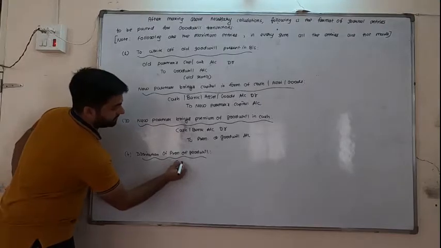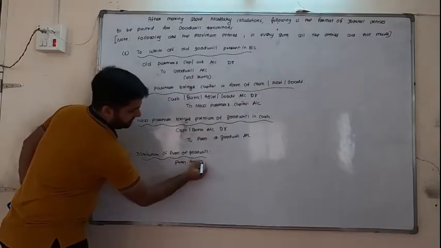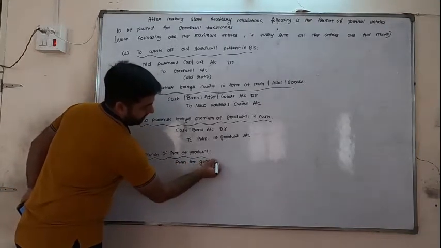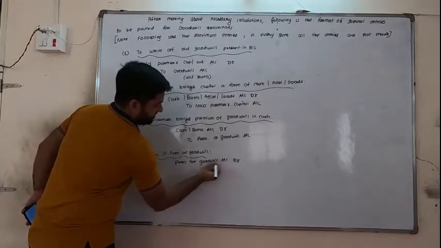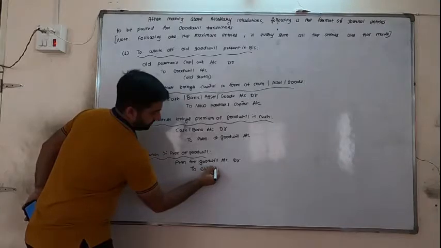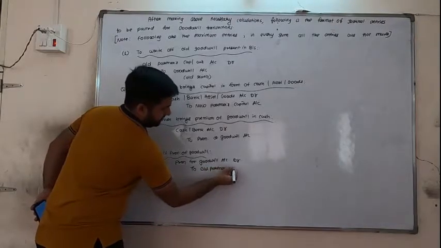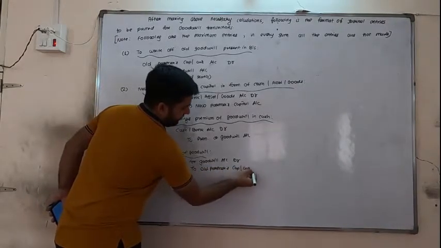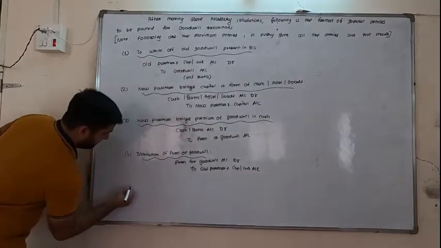So now the entry would be premium for goodwill account debit to old partners' capital or current account.